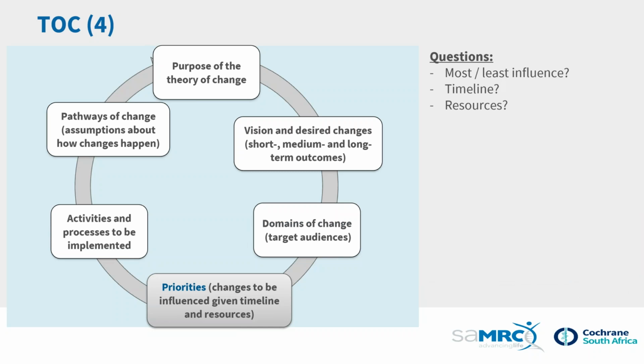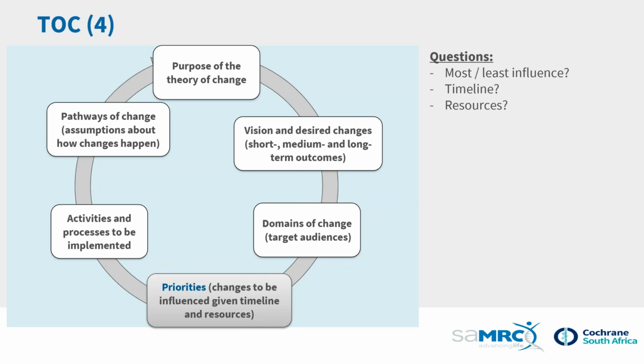And then another thing to decide on when developing our KT program is what our priorities are. So we ask ourselves questions like, with whom do we have the most or least influence? So when we develop our program, do we want to target people where we have the most influence, or those where we have the least influence?